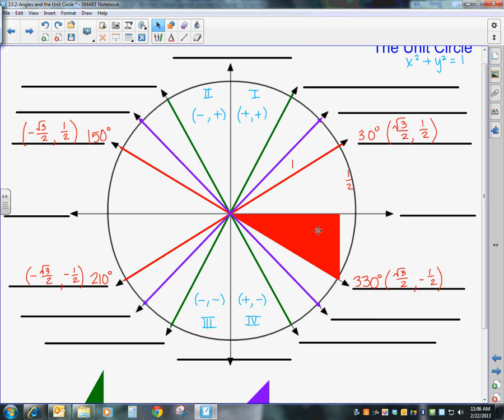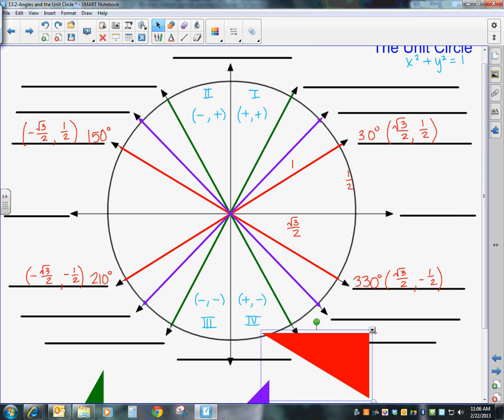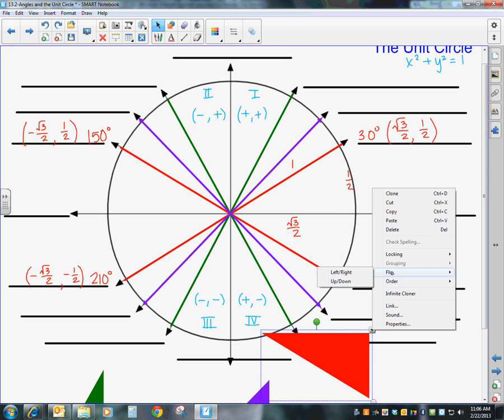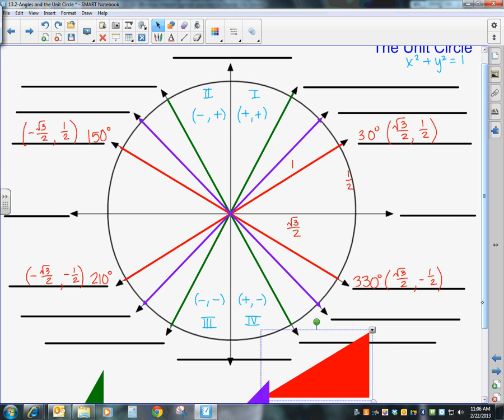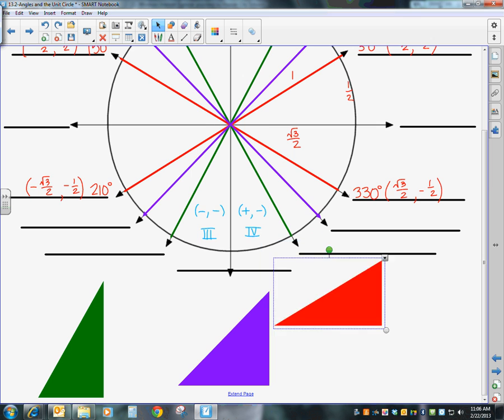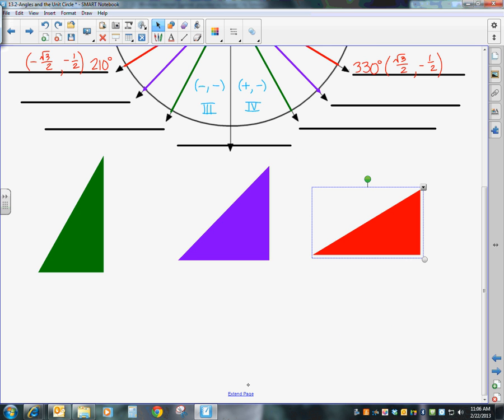So I'm going to take that triangle back down. Actually, I'm going to flip it one more time. There you go. Because I had someone want me to write what we did on the other page on this one. So we're going to put our short side is 1/2, our long side is the square root of 3 over 2.